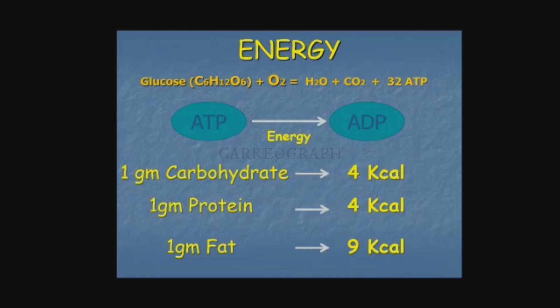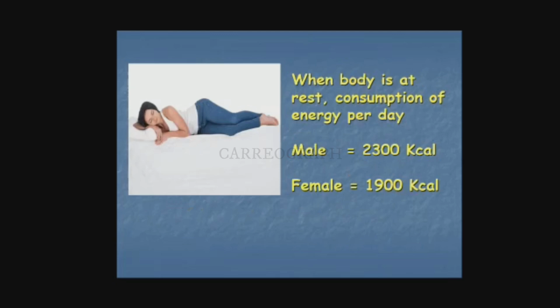Friends, even when the body is at rest, it consumes energy. So why is this energy consumed when the body is at rest? Because our internal activity needs energy, and to maintain homeostasis, our body requires energy.